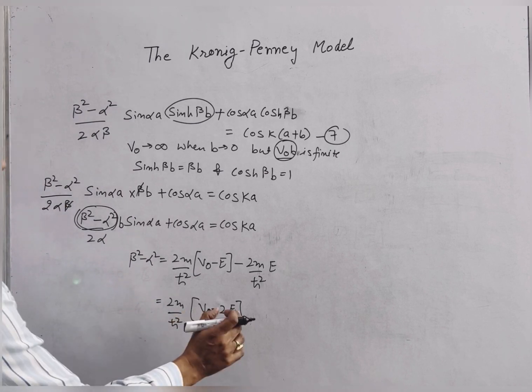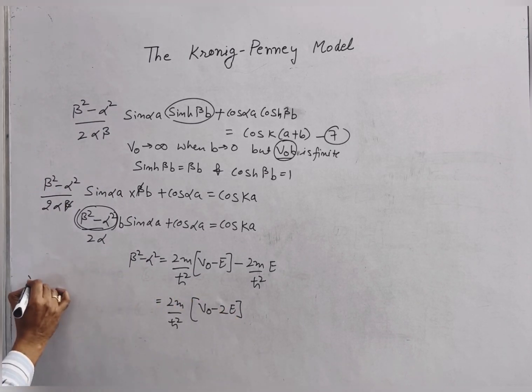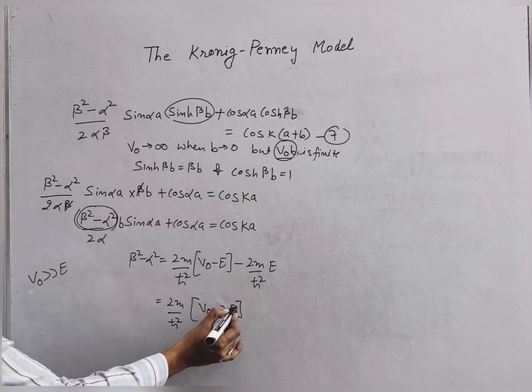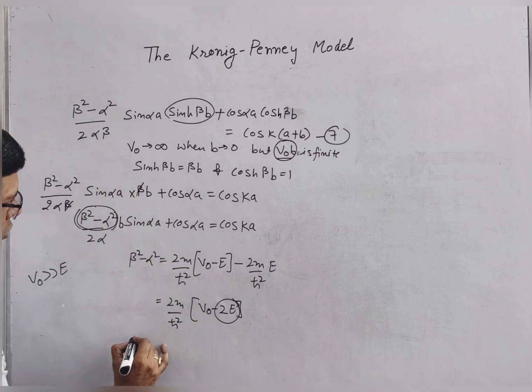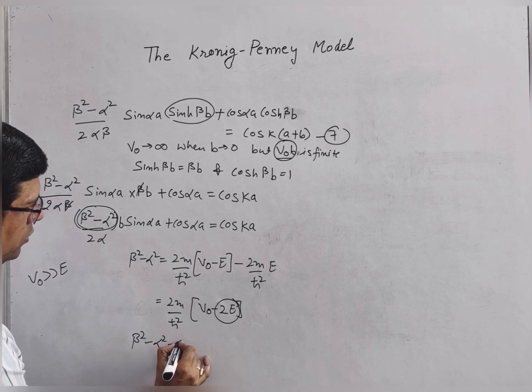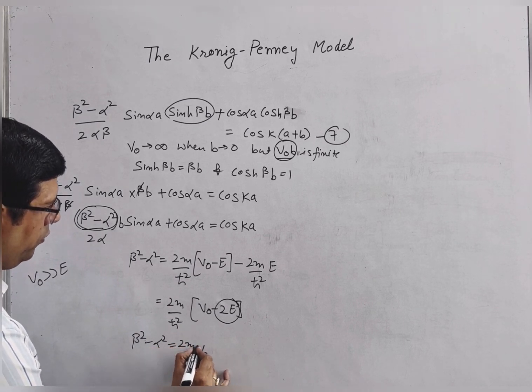In the start, we have assumed that V naught is very much greater than E, so this 2E will be neglected in comparison to V naught. So beta square minus alpha square equals 2m upon h cut square into V naught.